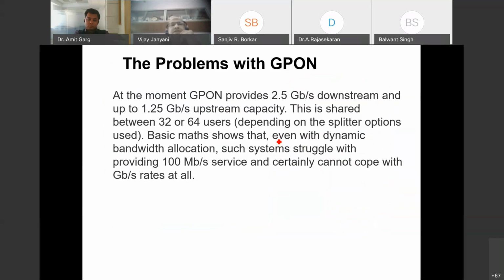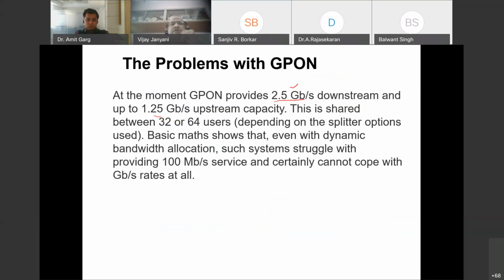At the moment, the limitation with GPON is that it provides 2.5 Gbps downstream and 1.25 Gbps upstream capacity, which in itself is a very huge capacity.